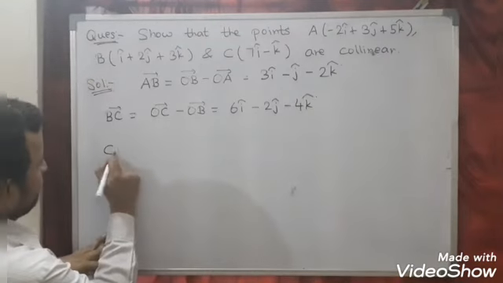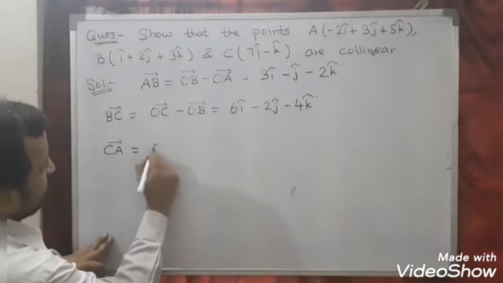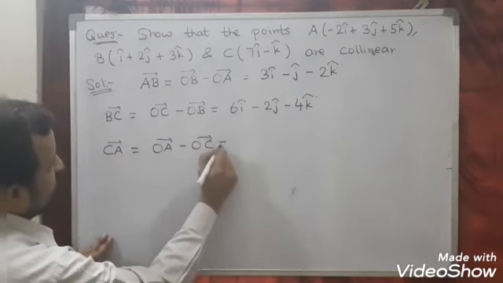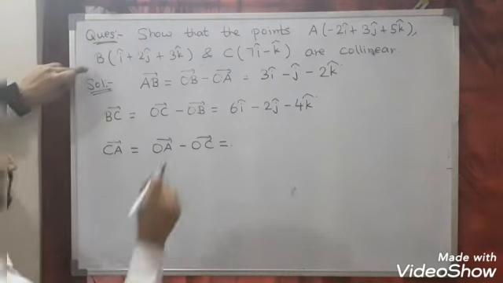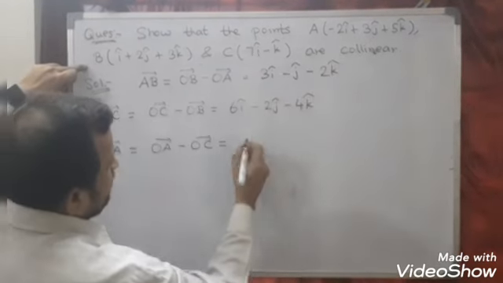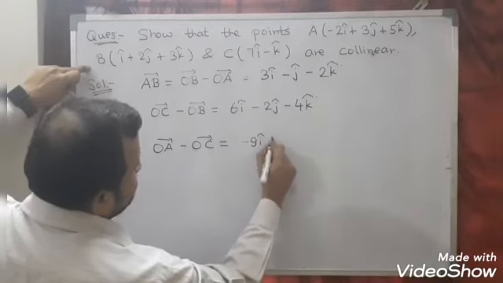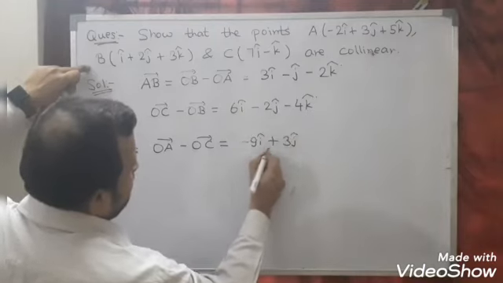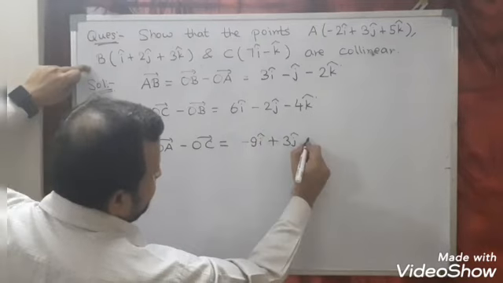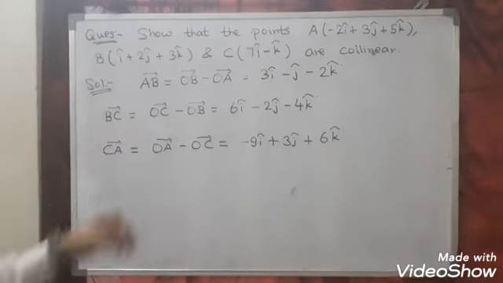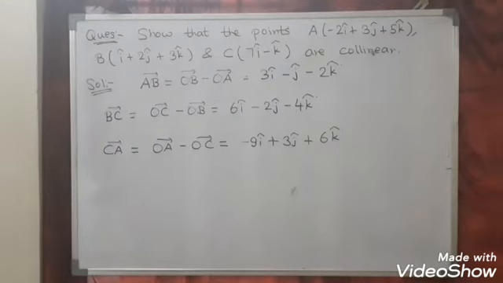Next, CA vector, so position vector of A minus position vector of C. Calculate A minus C. Minus 2 minus 7, you will get minus 9i, plus 3j, and 5k plus k, you will get 6k. So we found AB vector, BC vector and CA vector.